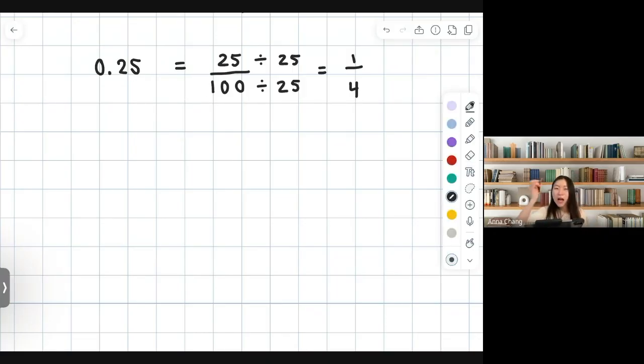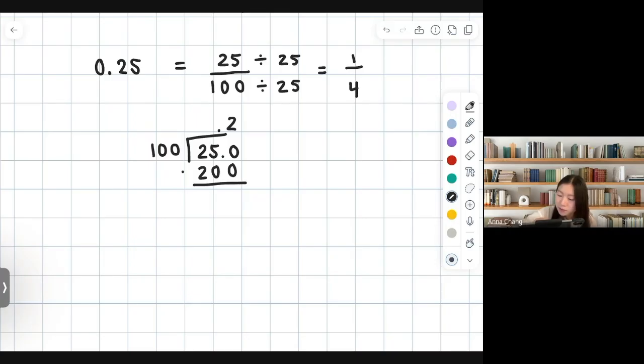If you're ever not sure, you can actually do the division. So if I do 25 divided by 100, 100 doesn't go into 25, so we're going to add our decimal, add a 0 here. 100 will go into 250 2 times. Subtract.